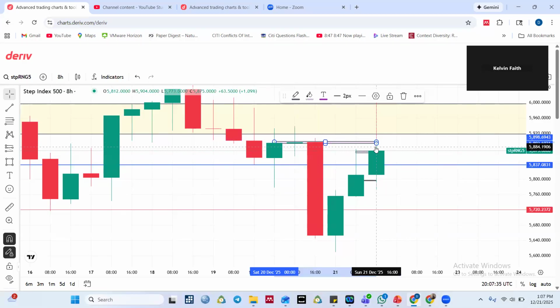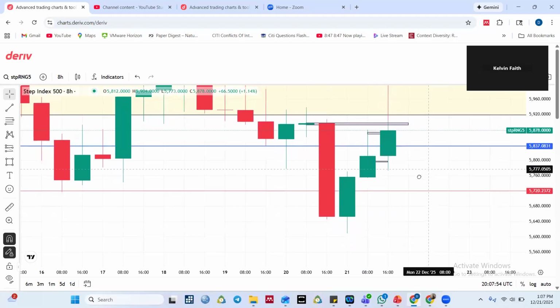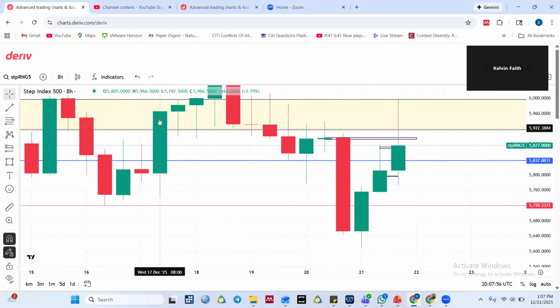If price is to close a bullish body above it, then we will know that all the sellers that came into the market here are not strong anymore. But as long as price stays below this big bearish candle, price still has the likelihood to drop. That's from the 8 hour perspective.